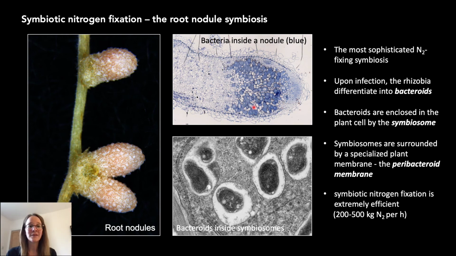And these bacteroids, similar to the mycorrhizal fungi that are not in direct contact with the plant cytoplasm, are as well part of a symbiosome that is surrounded by a specialized plant membrane, which is called the peribacteroid membrane. And the symbiotic nitrogen fixation is extremely efficient compared to other processes of nitrogen fixation.